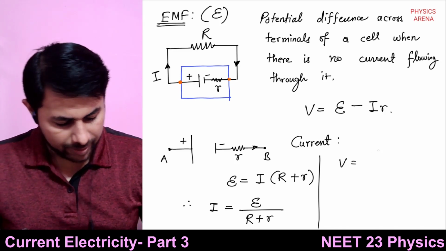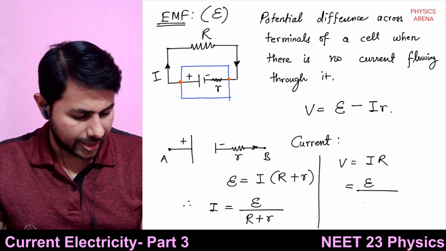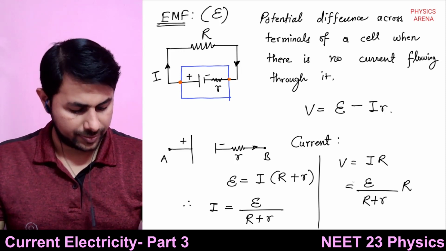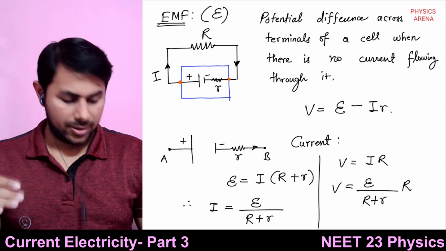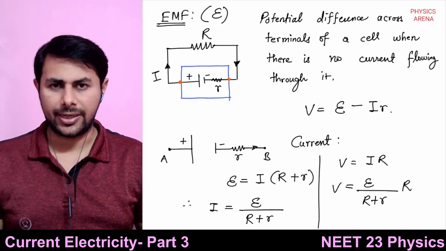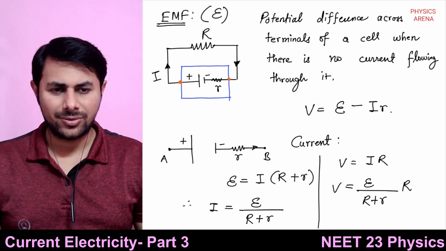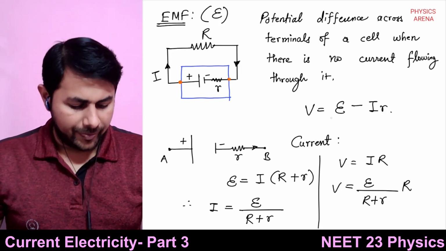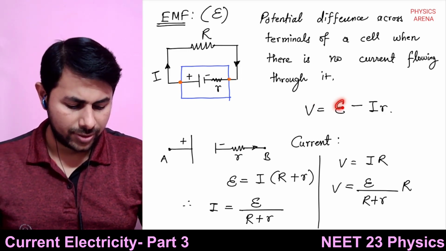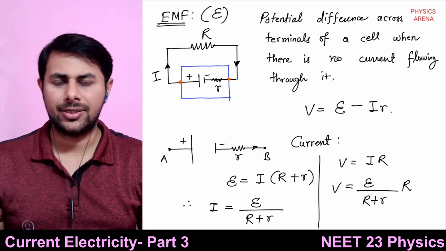So it is equal to I multiplied by the external resistance, which is epsilon divided by R plus r, multiplied by R. This is the potential difference across the external resistor. Got this? Now we have defined the potential difference between the two terminals of a battery as the EMF of the battery minus the current flowing through the battery multiplied by its internal resistance.